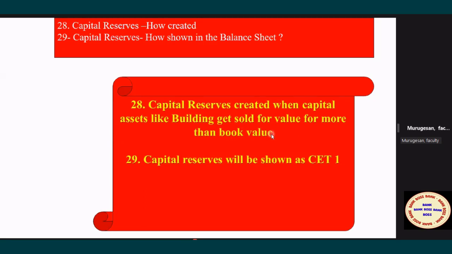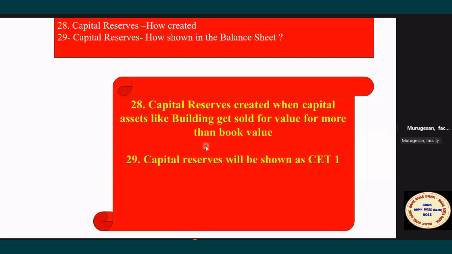The 100 crores will become a capital reserve. The entry will not be credited to the profit and loss account. It will be credited to the capital reserve account. It will qualify directly as Tier 1, that is CET1. In Tier 1 also there are two layers. It will qualify as CET, Common Equity Tier 1.